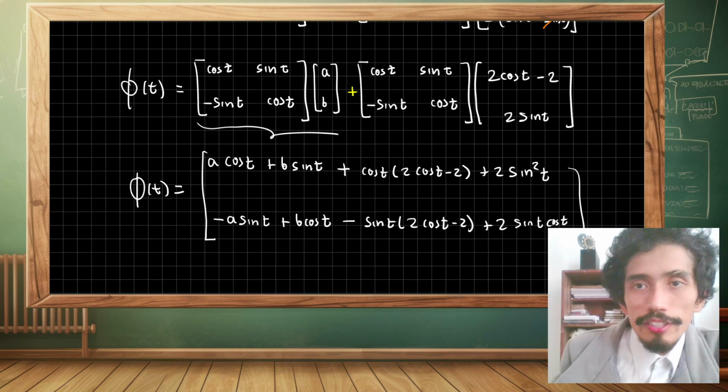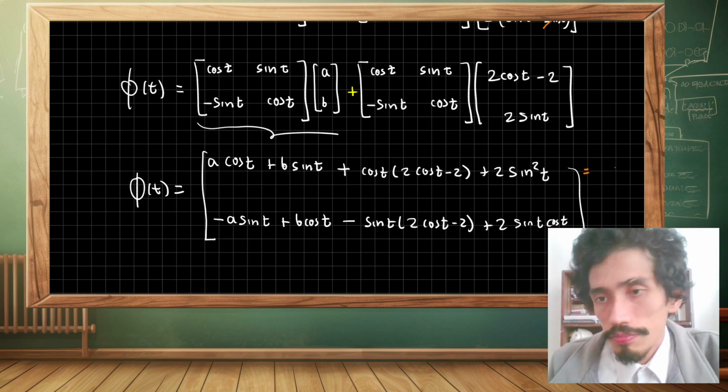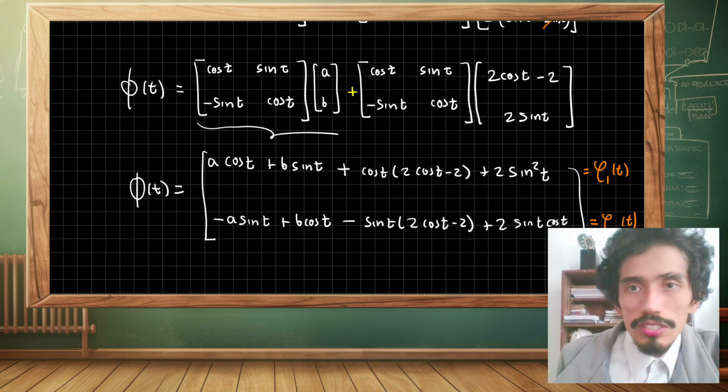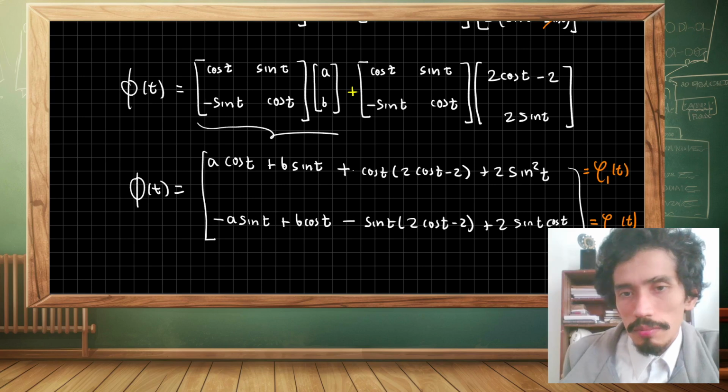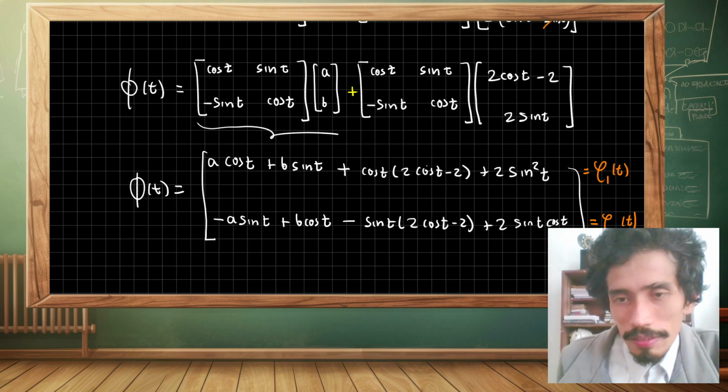The first entry will be the solution of x1, and the second the solution of x2. So this is the general solution. It is very complicated. In fact, not a lot of things cancel each other. I mean, you can perform this multiplication.